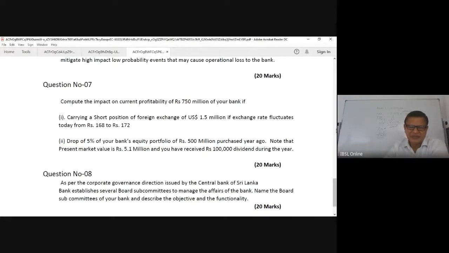Name the board subcommittees of your bank and describe the objective and functionality. So it's a theoretical question. You need to study your corporate governance notes to answer this.